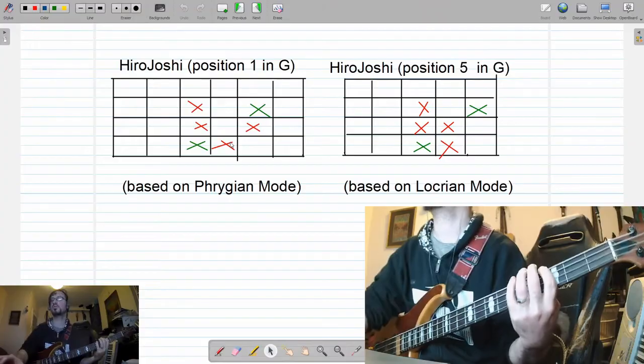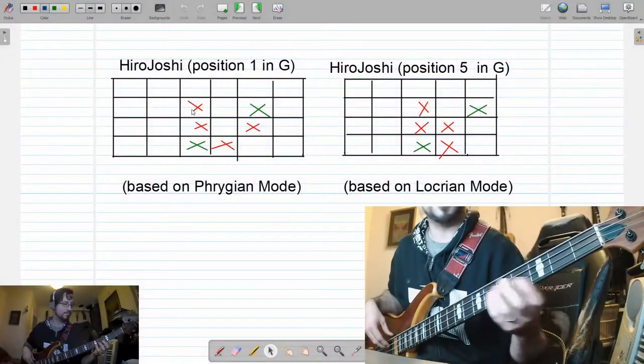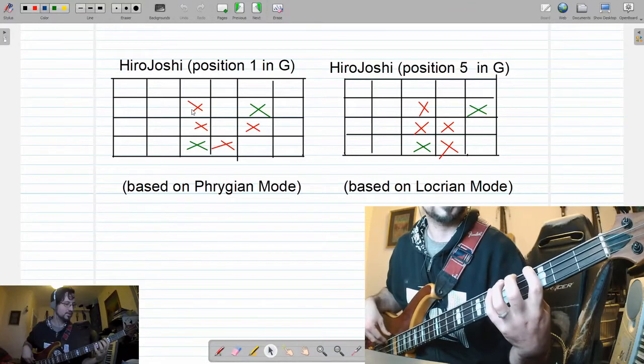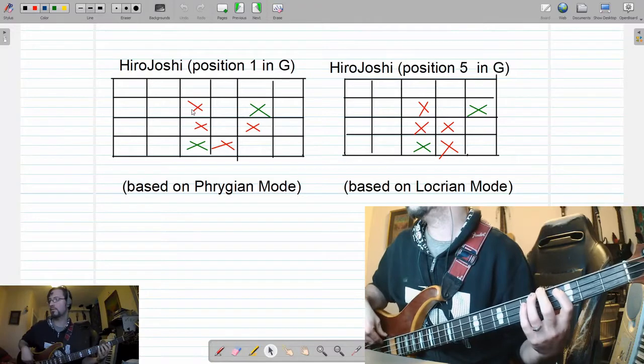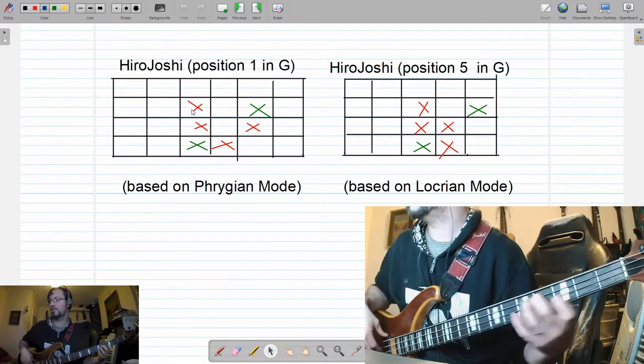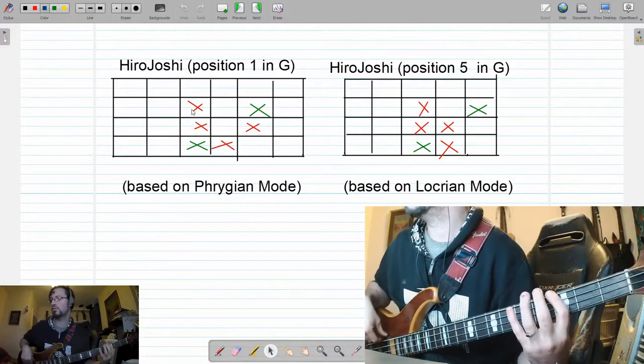Oh, I'm missing a note. Hopefully I edit out my swearing. I wasn't missing a note. So yeah, the fifth position of Hirajoshi in G would be the same thing: root, flat second, fourth, flat five, seventh, octave. And that's my favourite one.